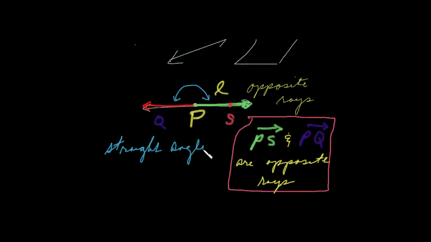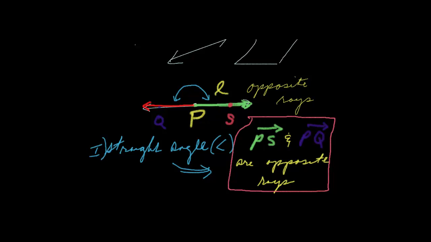And we're going to introduce also the symbol that most textbooks use for angle. That would be this little angle symbol. So that would be a straight angle, our first angle. A straight angle is essentially an angle that's made up of opposite rays. Now let's go ahead and name this angle.